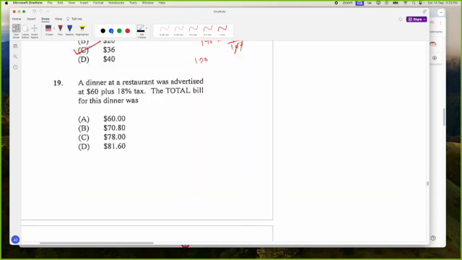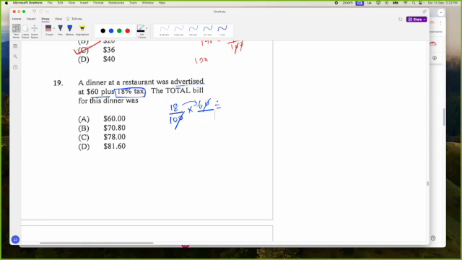Right? A dinner at a restaurant was advertised at $60 plus 18% tax. The total bill for this dinner. Well, first I'll have to find what is 18% of $60? So I have 18 times 6.